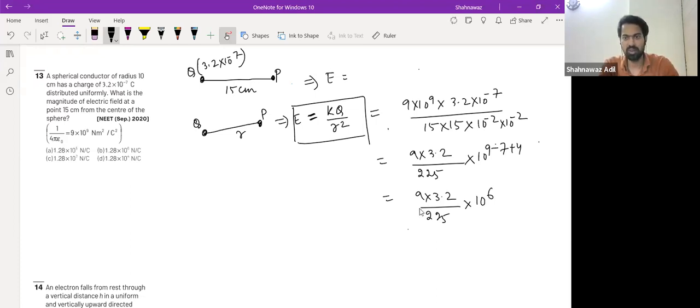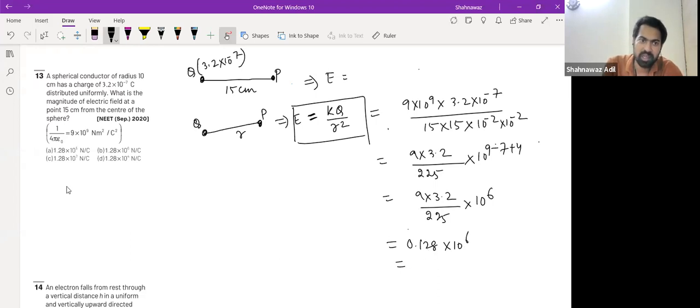So what is this value? Let me calculate. 9 into 3.2 divided by 225, I am allowed to use the calculator, right? This is 0.128 into 10 to the power 6.